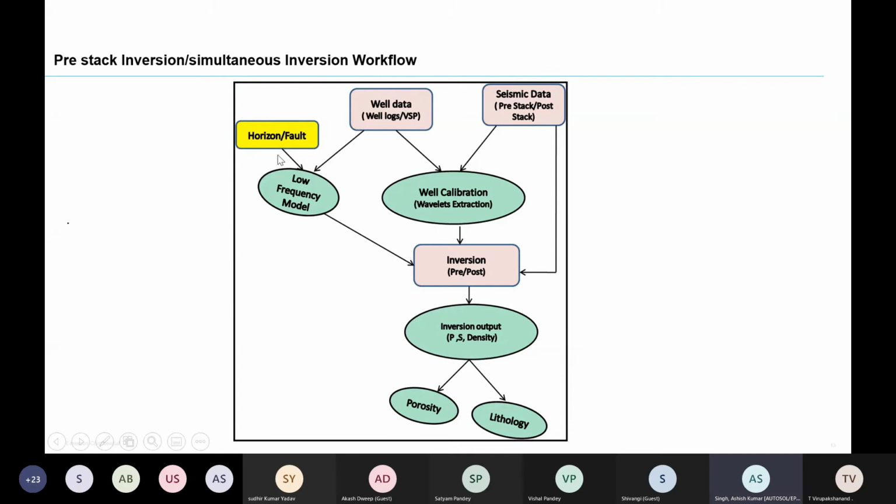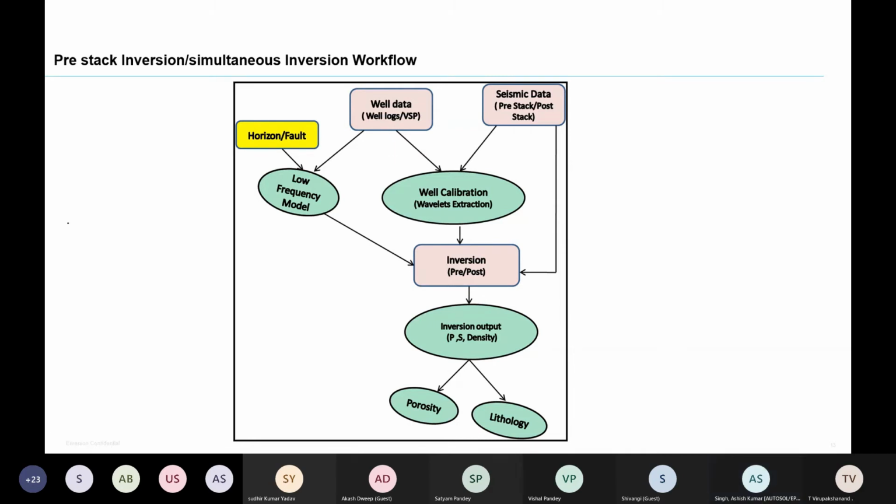You also have to consult the geologist on how reliable the interpretation is. Using well logs, horizons and faults, you will make the low frequency model, and then using well logs and seismic data, the well to seismic calibration. I will explain, but I am just giving the workflow. Then comes the inversion and the inversion result, and from the inversion output you can generate porosity and permeability, whatever you want.